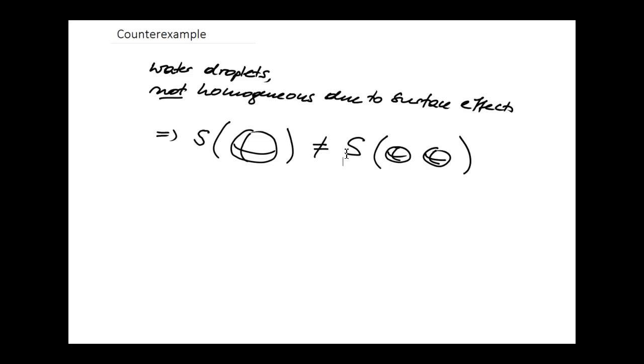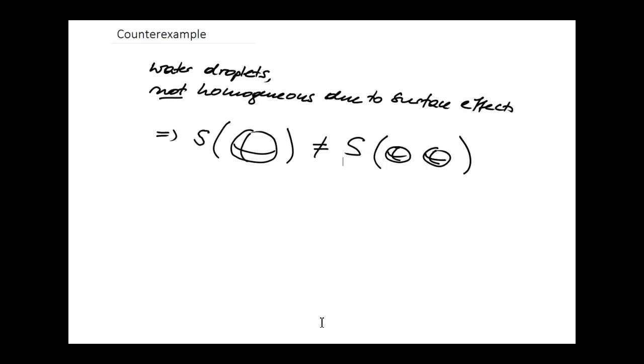So while in the case of a small water droplet, surface effects are not negligible, if I take an ocean, so a huge quantity of water, and I want to describe, I don't know, the hydrodynamics of the ocean, then I can, with good approximation, neglect surface effects, because the ratio of surface to volume is much smaller when I have a large quantity of water than if I only have a droplet.